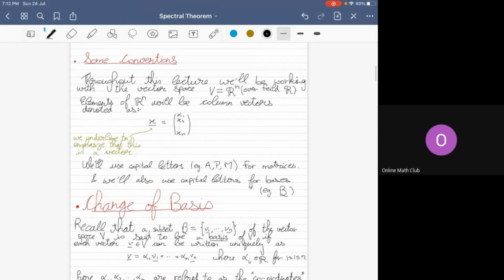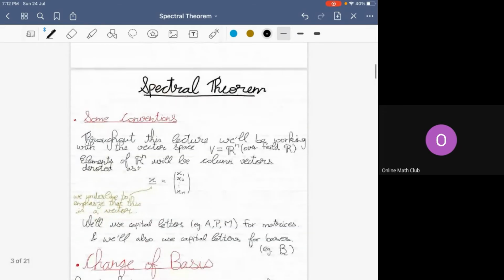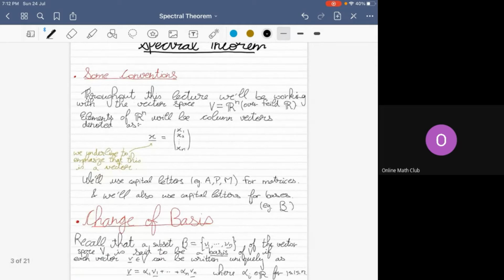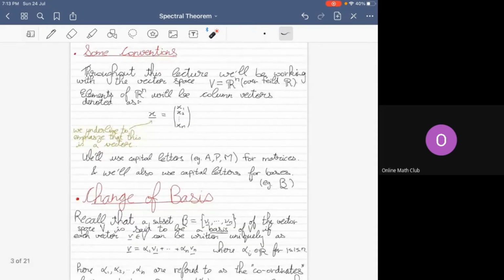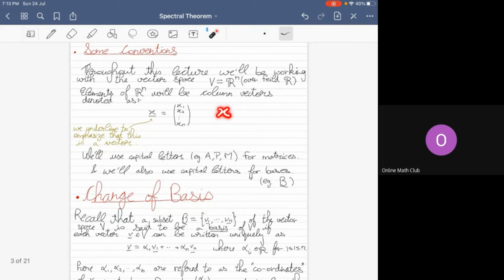We'll be working with the vector space Rn in this whole lecture over the field R, and the elements of Rn will be column vectors as opposed to row vectors, which is just a convention, but it will be useful. And we'll denote them by underlining to emphasize that this is a vector.